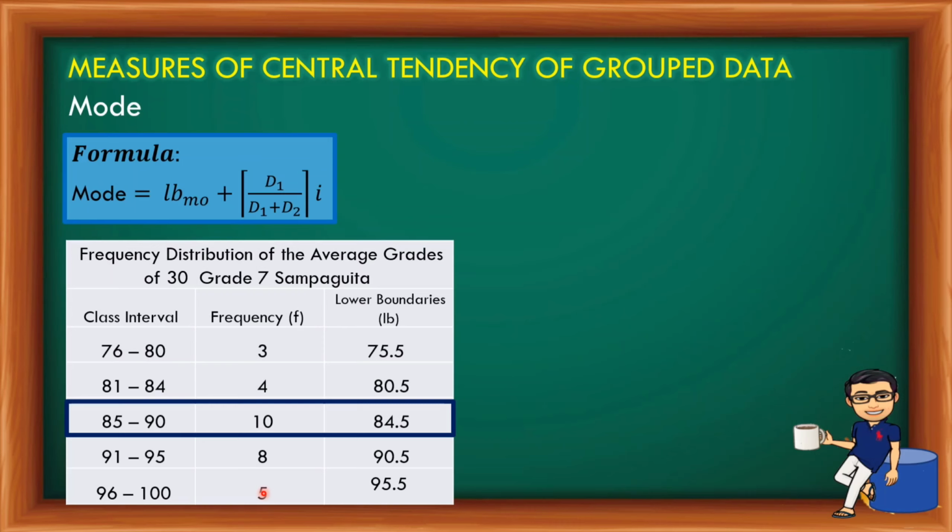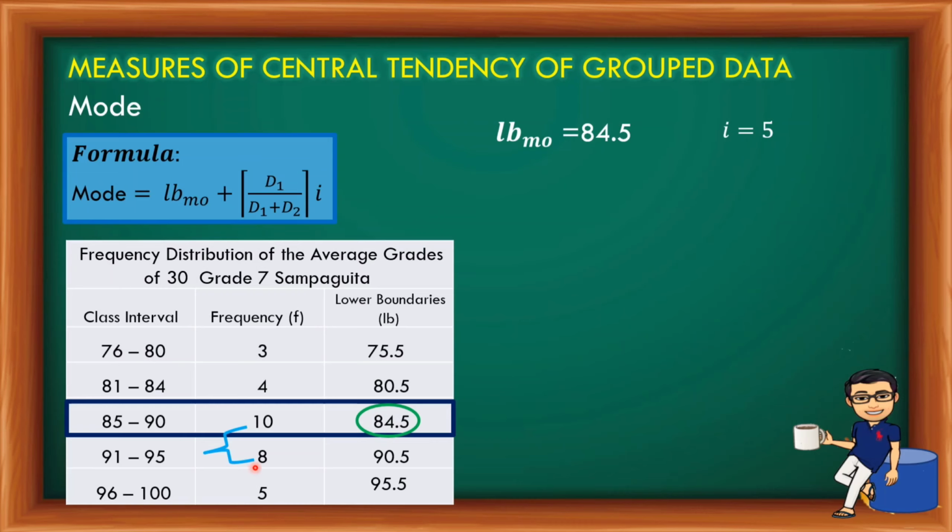Alamin na ngayon natin kung paano natin malalaman ang mga yan. Ito ngayon yung 84.5 dahil lower boundary of the modal class. Okay na tayo? Next, alamin din natin ang interval. Kanina mayroon na tayo niyan, kaya yan pa rin yung interval natin. Next is, kunin na natin ang d sub 1.